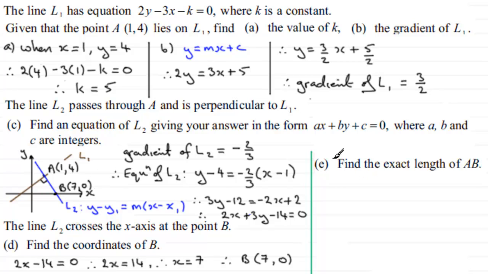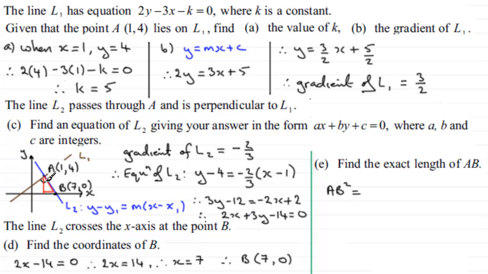Now, in the last part, E, we've got to find the exact length of AB. And to find the exact length of AB, we think of using Pythagoras' Theorem. Let's just draw a triangle in here now. Okay, we're working off this triangle here, this red triangle. So we know that the distance AB, if you were to square it, AB squared, would equal the sum of the squares of the two shorter sides.